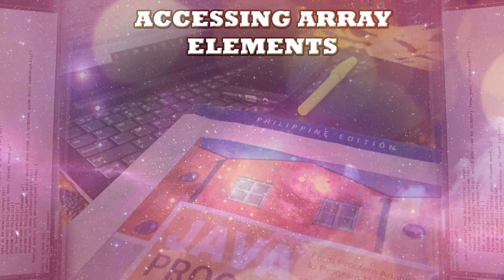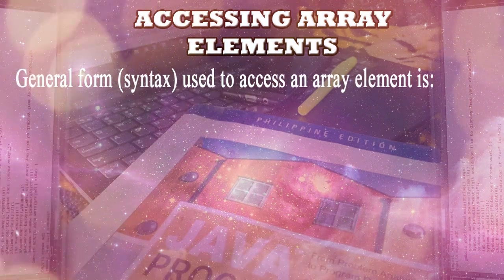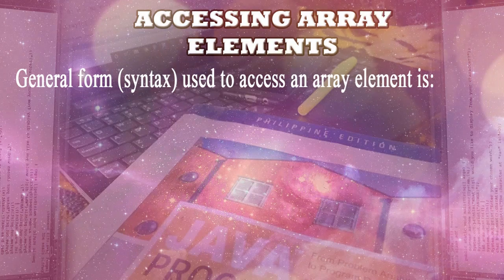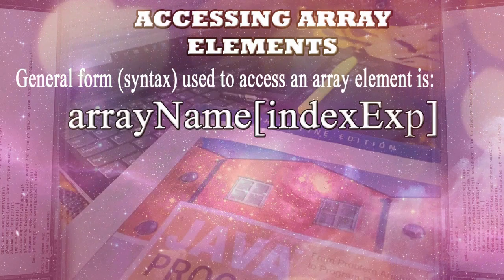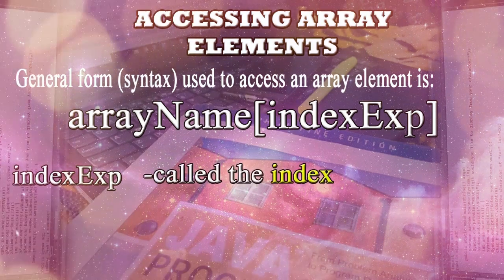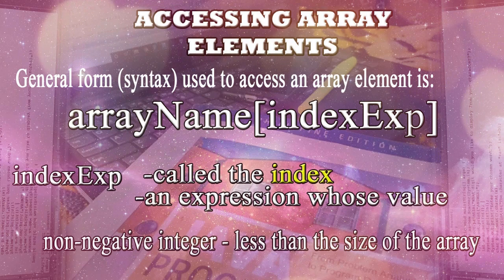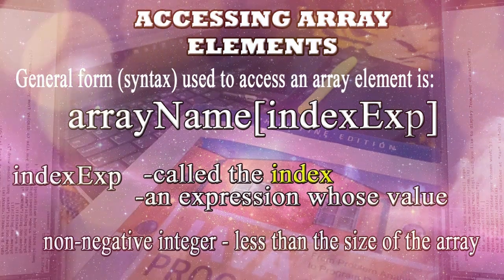Let us also know how to access an array element. The general form or syntax used to access an array element is the following, where index exp is called the index, which is an expression whose value is a non-negative integer less than the size of the array.